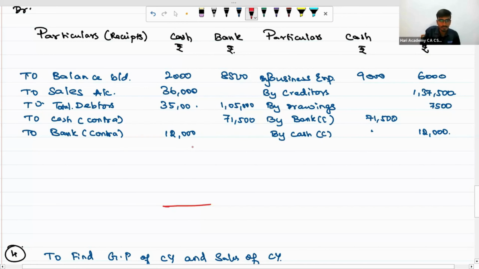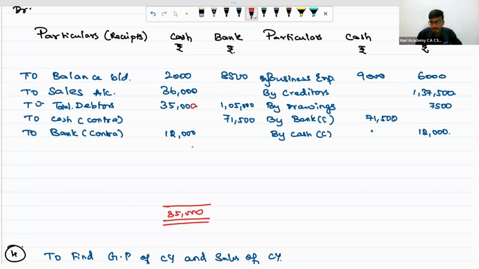Then cash account: 36,000 plus 35,000. Sorry, 36,000 plus 35,000 plus 2,000 plus 12,000 will get 85,000. Here also it is 85,000.